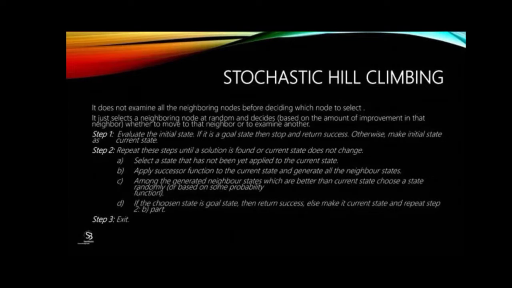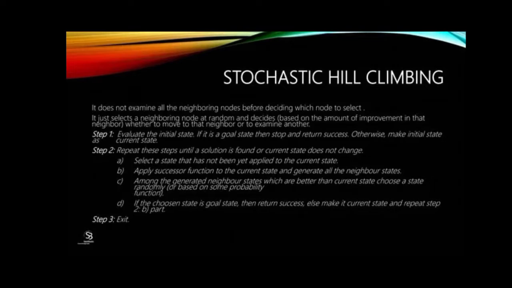Stochastic hill climbing does not examine all the neighboring nodes before deciding which node to select. It just selects a neighboring node at random and decides, based on the amount of improvement in that neighbor, whether to move to that neighbor or examine another.